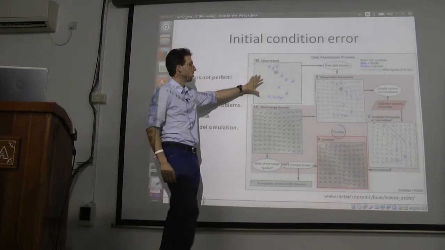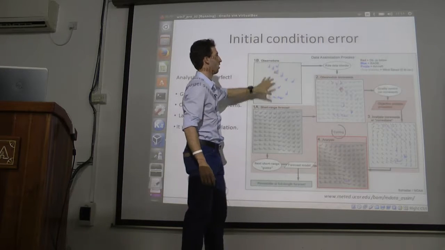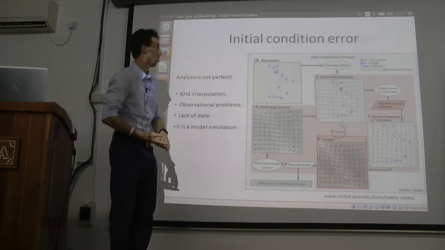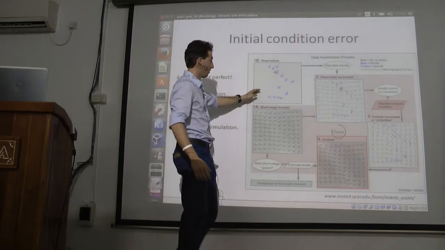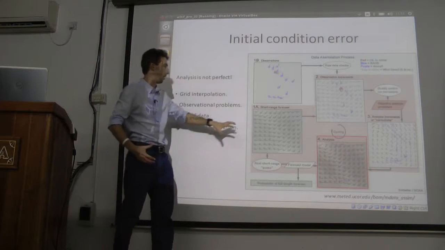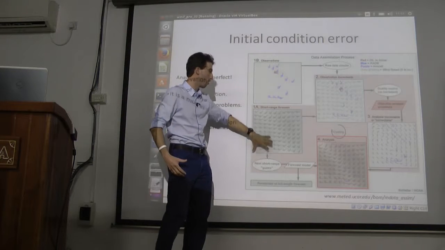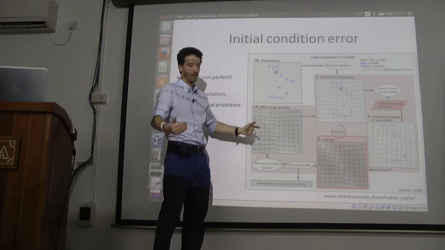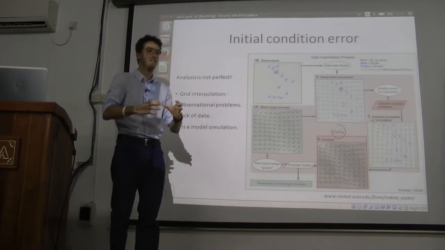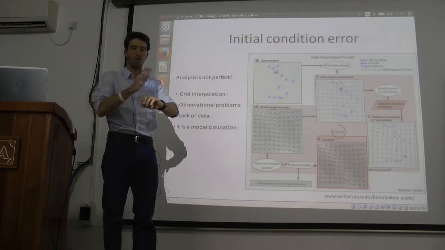So first you have your data observed by ship, satellite, and a lot of sources. And then what the operational systems do, they run a model, and for example, we are going to make the analysis for now at 2.